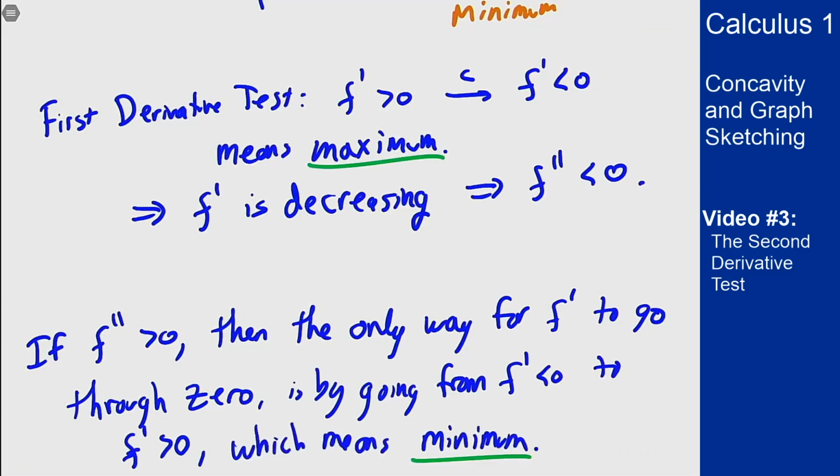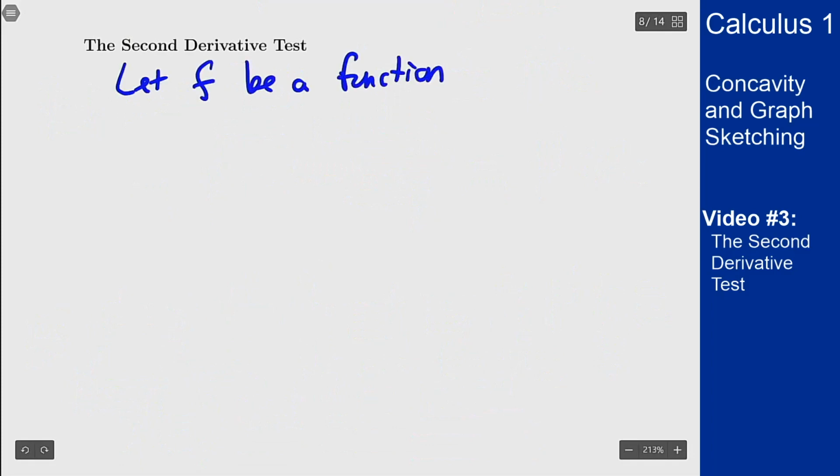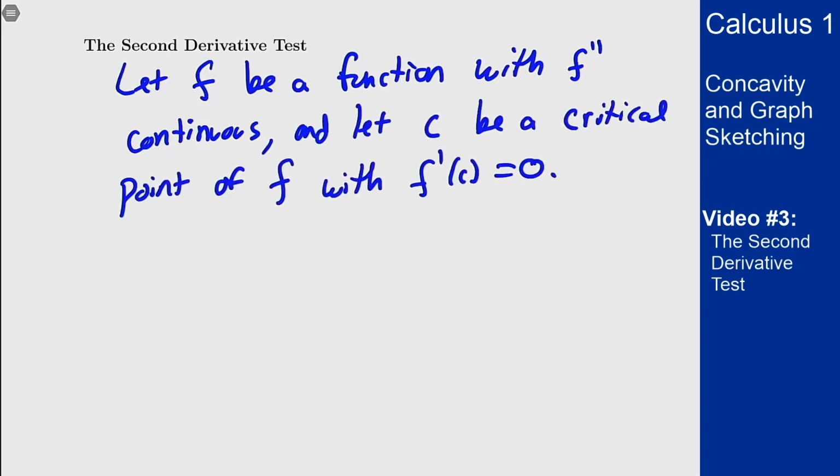Now we put this together in an actual test. So let's say we have a function f. We're going to assume that our second derivative is continuous, just to make sure everything works out. And then we're going to let c be a critical point of f with f prime of c equals 0. If f prime doesn't exist, then f double prime also doesn't exist at that point, and therefore this test won't work.